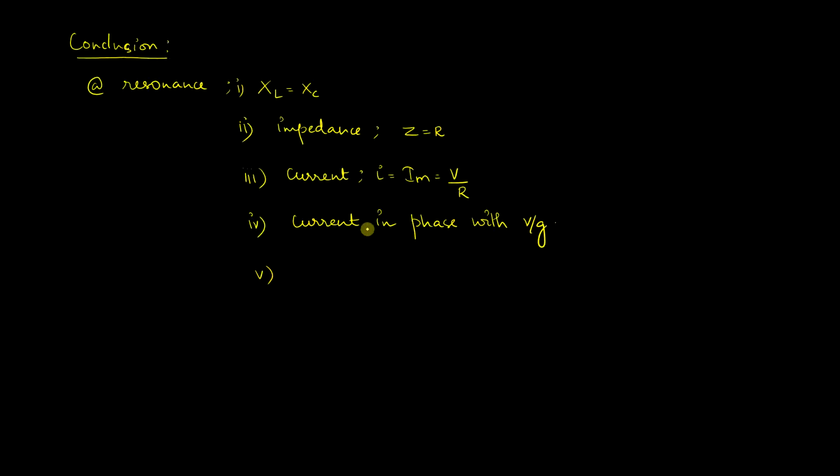When you have current in phase with the applied voltage, we have the phase angle equal to zero, and hence we can say the power factor cos phi is equal to 1.